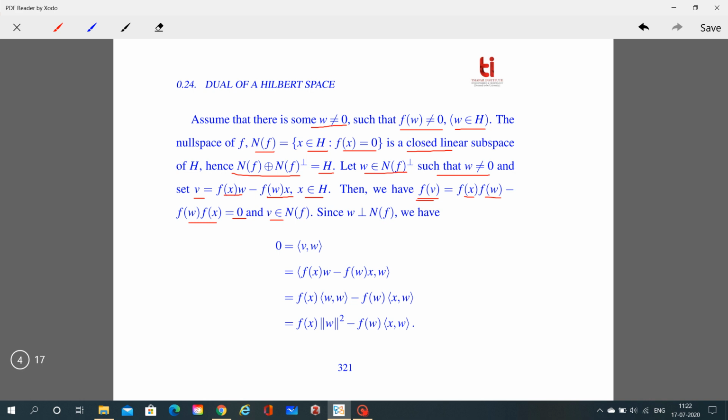So v belongs to the null space of f. Now since w is perpendicular to the null space of f, we have the inner product of v and w equal to 0.